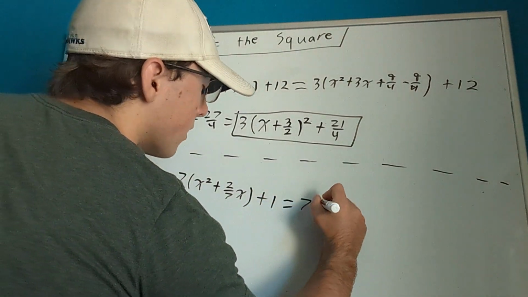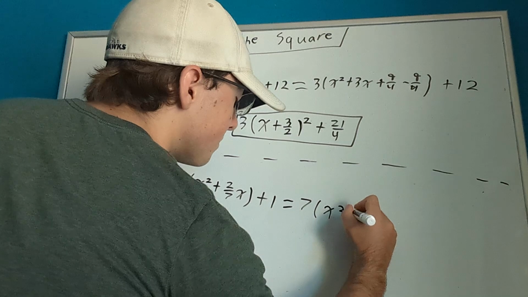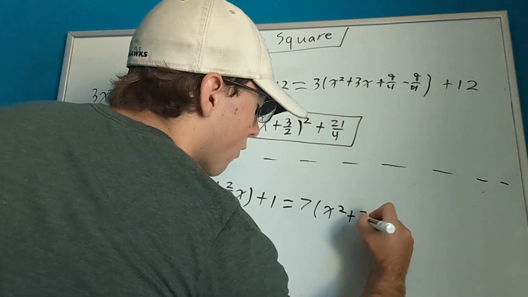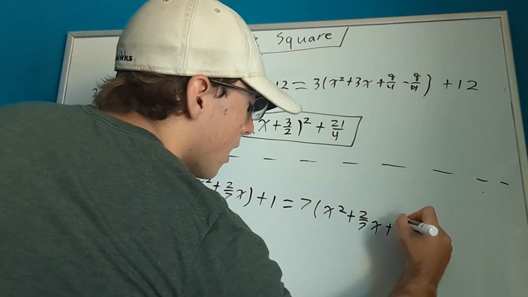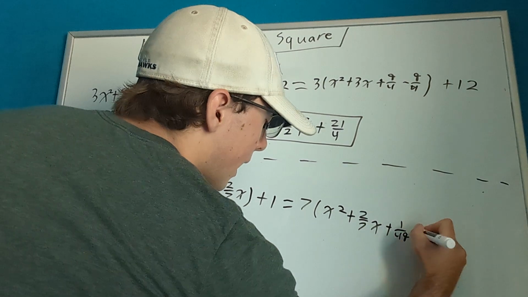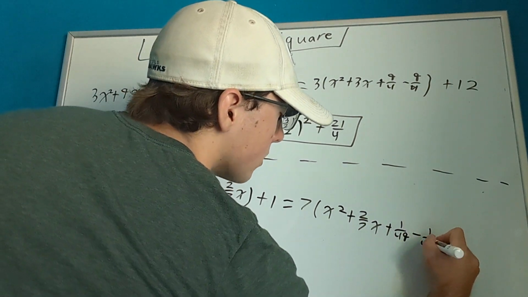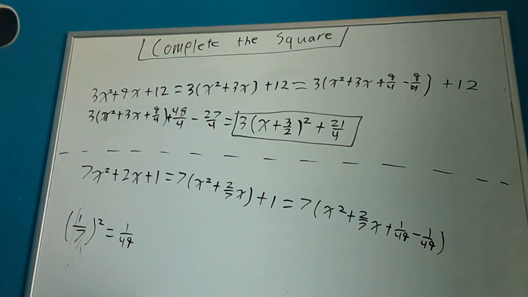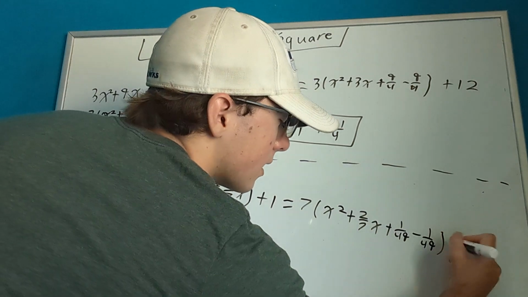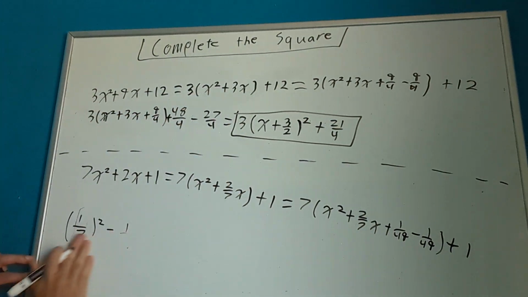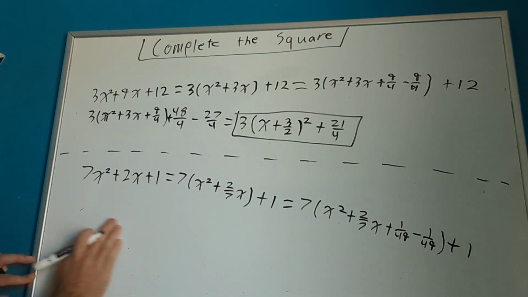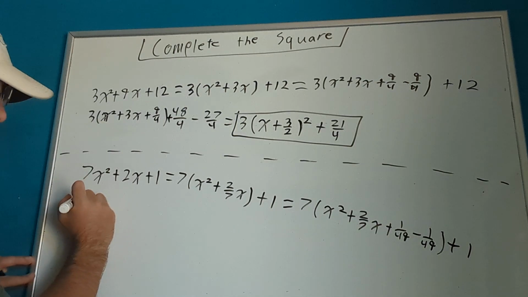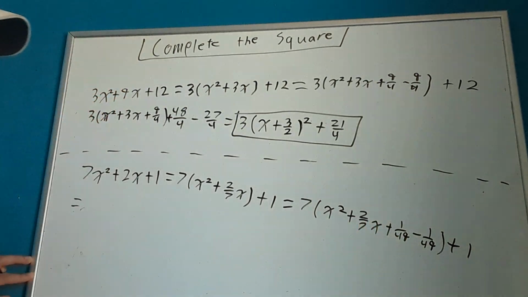So this is equal to 7x squared plus 2 over 7x plus 1 over 49 and minus 1 over 49. Once again, we're not changing the value at all because we both add and subtract this. Plus 1. We can get rid of this now. And then this right here, we want to once again take out this minus.